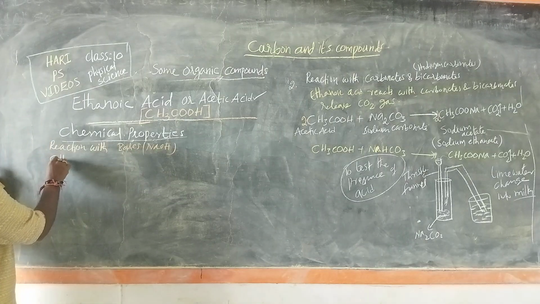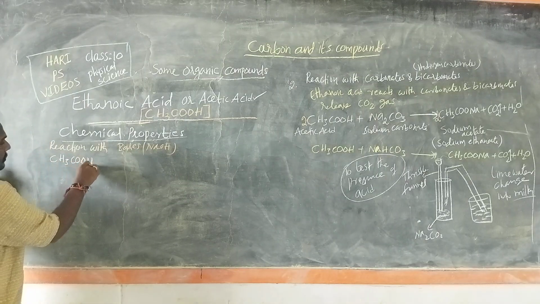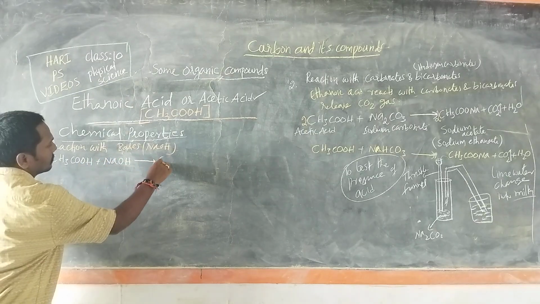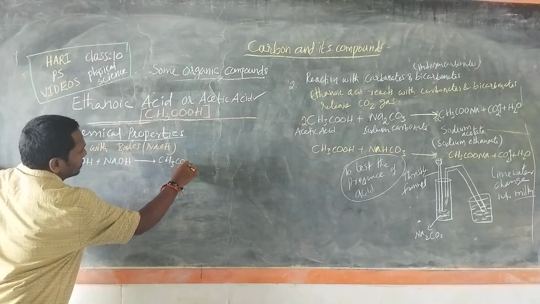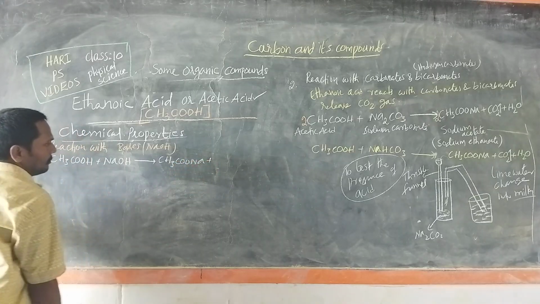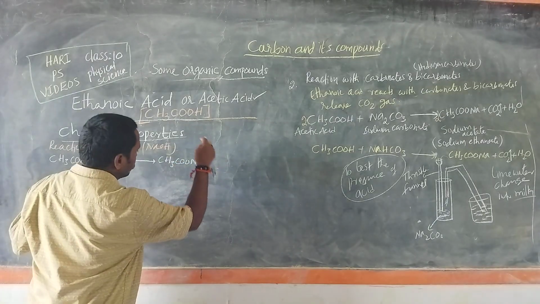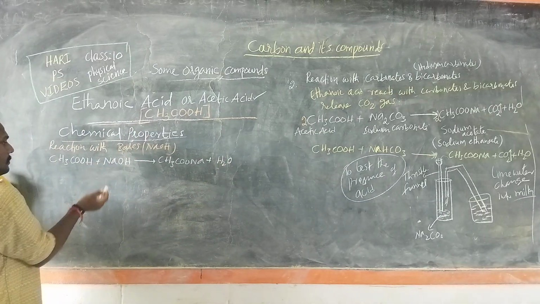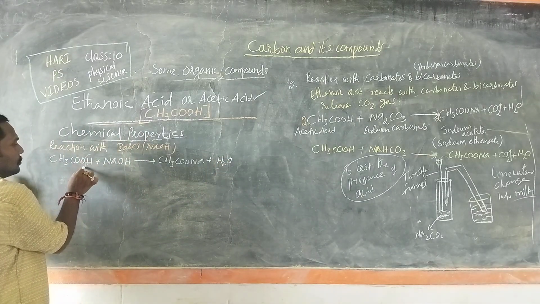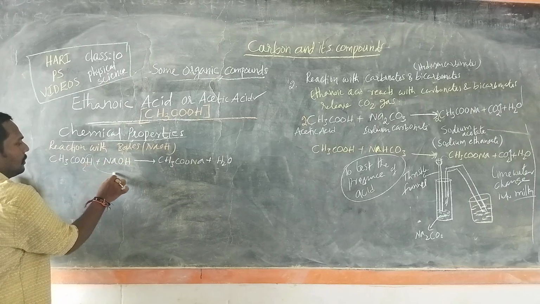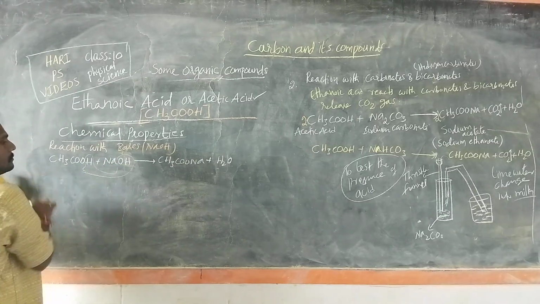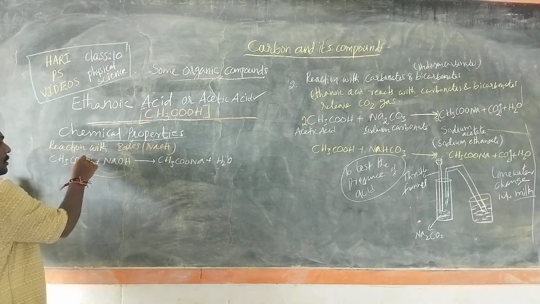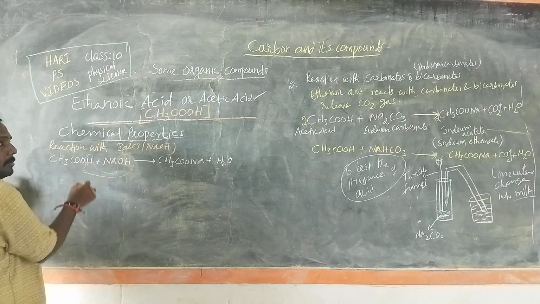Acetic acid reacts with sodium hydroxide to give sodium acetate and water, right? In this reaction, the hydrogen is removed and combines with OH to form a water molecule, and in place of hydrogen, sodium is added.